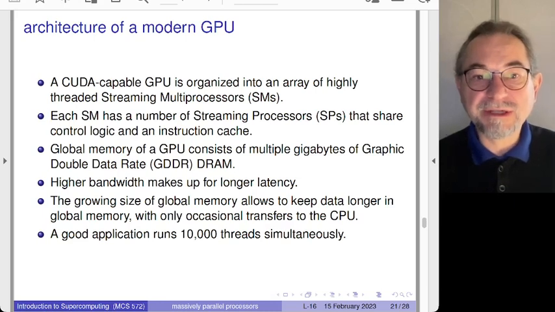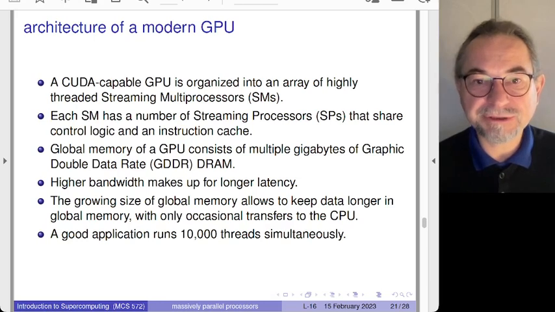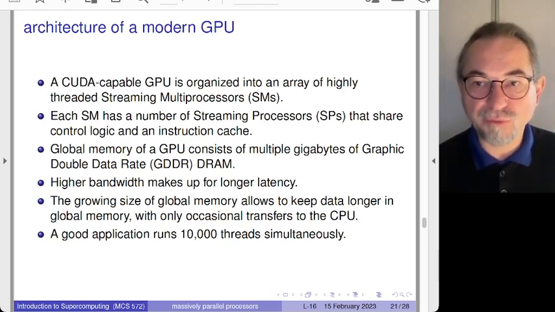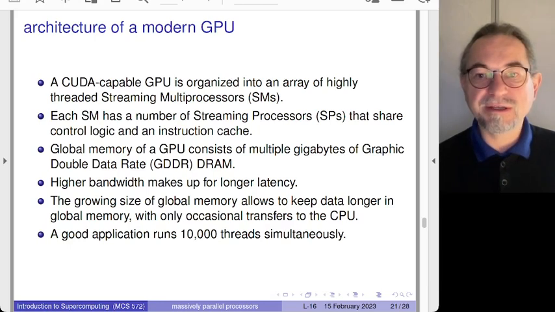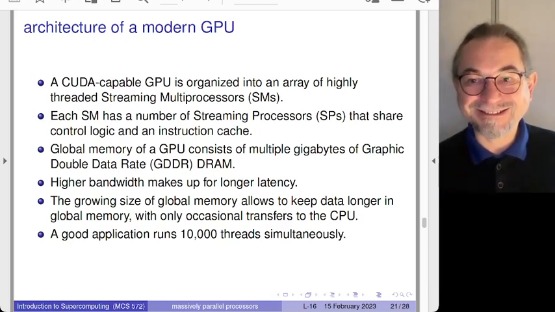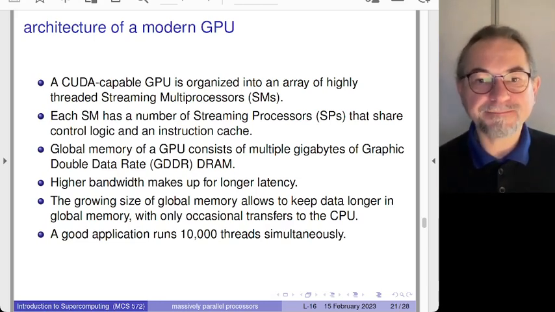The streaming multiprocessors share the same control logic and the instruction caches. The reason that the caches can be a lot smaller on GPUs is because they all execute the same instruction, but on different data.